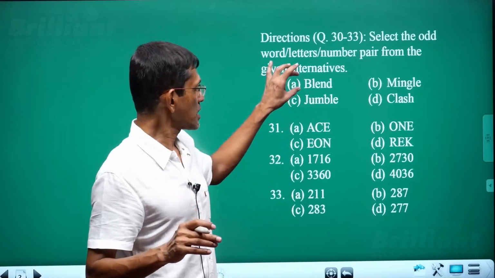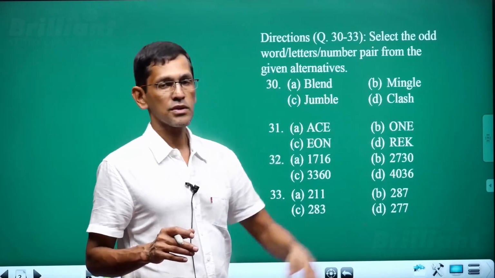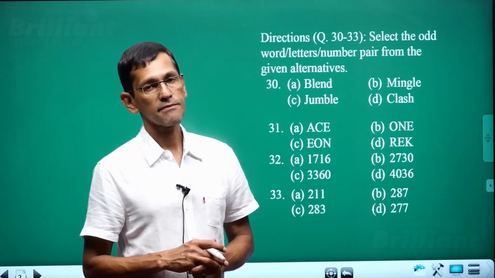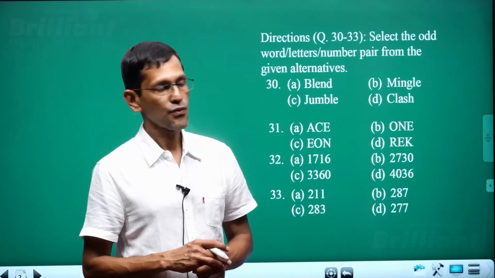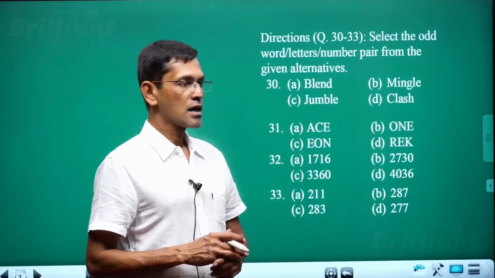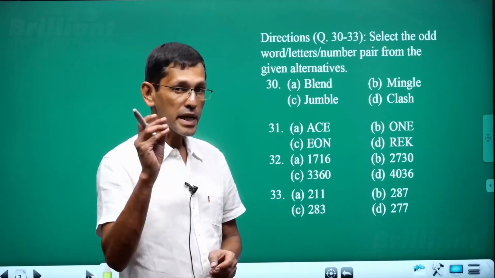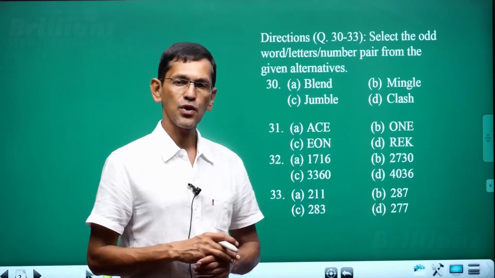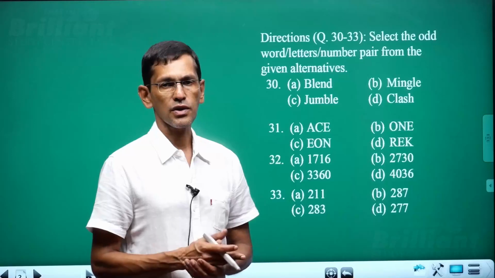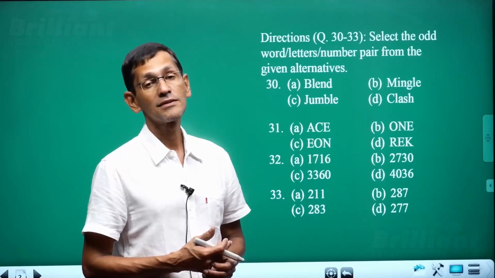Then we would have one set of synonyms here and another set of synonyms here, and we may not get that answer. So we need to get the exact meaning of jumble. If you know the exact meaning of jumble, that is perfectly all right. What is the exact meaning of jumble? Any idea?